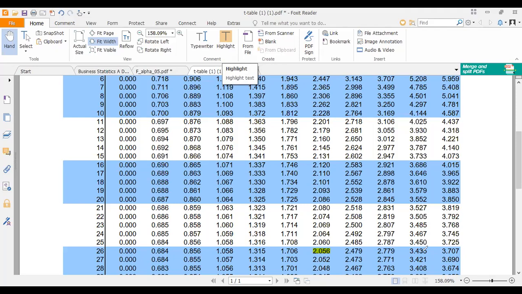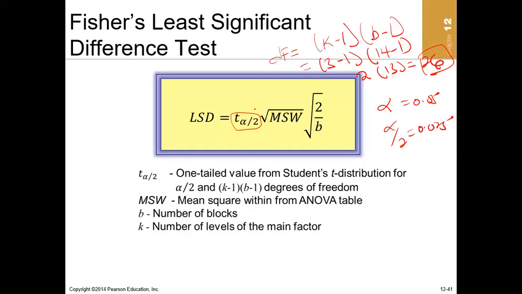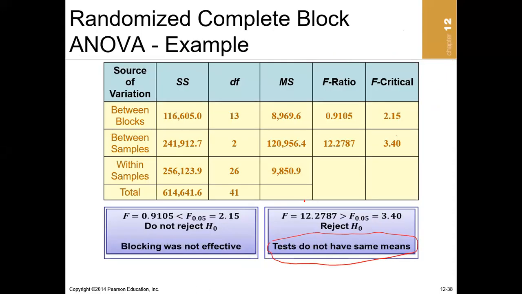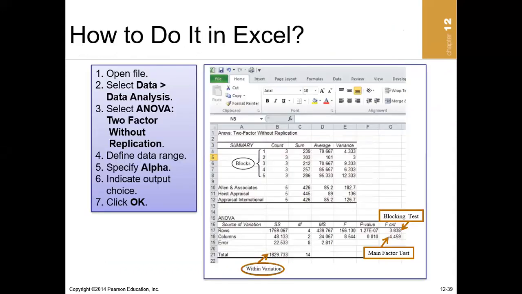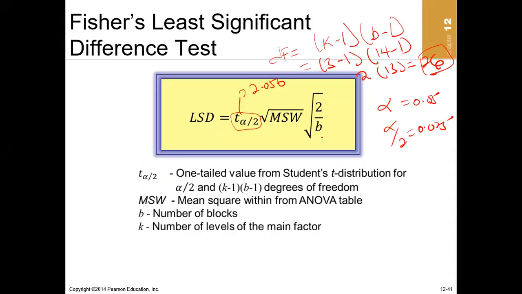So the T value we are looking for here is 2.056. Now, in the immediate past example we solved, the mean squared within was 9,850.9. Also keep that in mind. Then the number of blocks, we had 14 blocks.